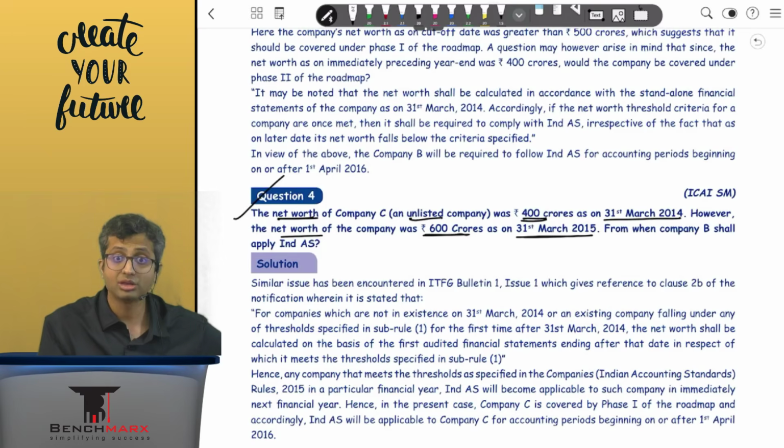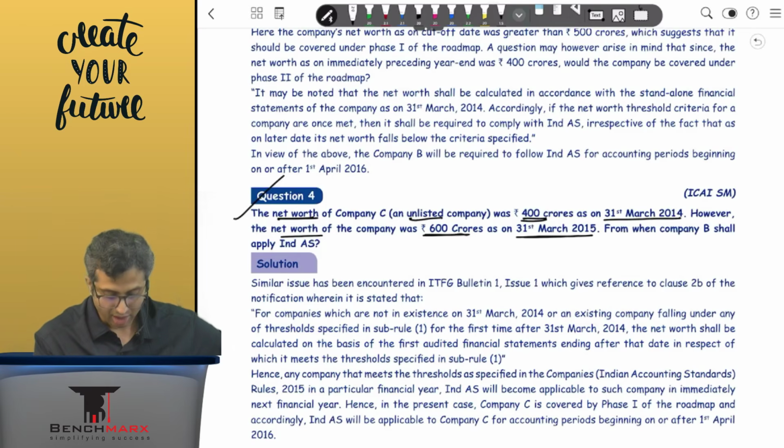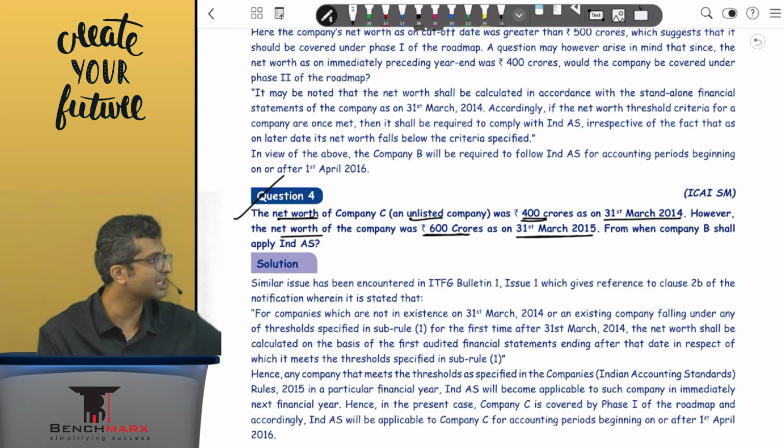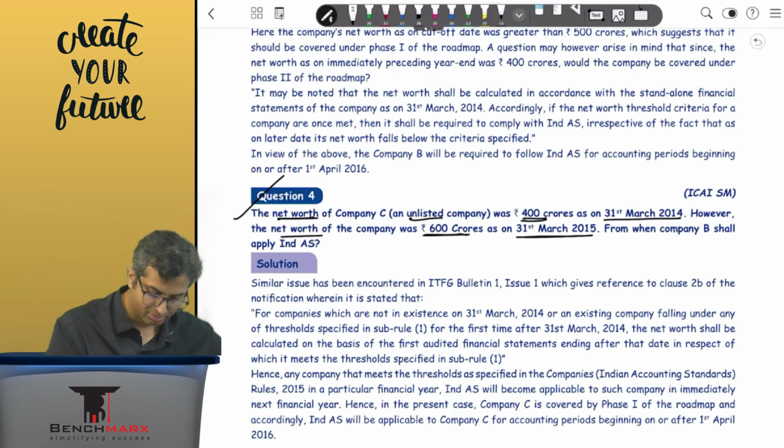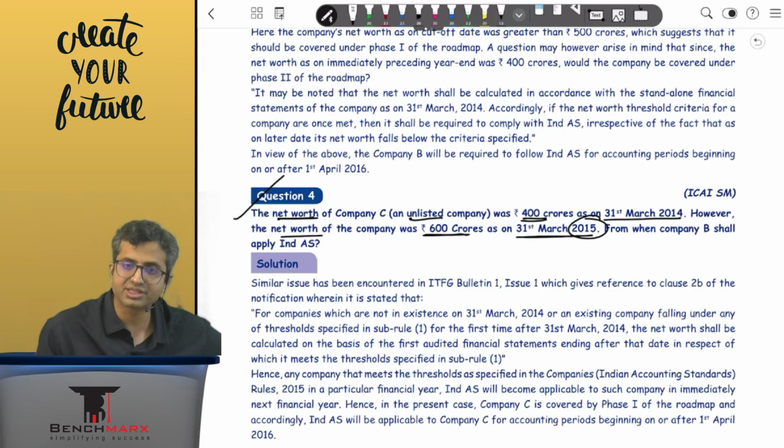अच्छा, now is the net worth higher? It's more than 500 crores. So will Ind AS become applicable? कभी होएगा? 1516 or 1617 or 1718? Sure है 1617? Yes.